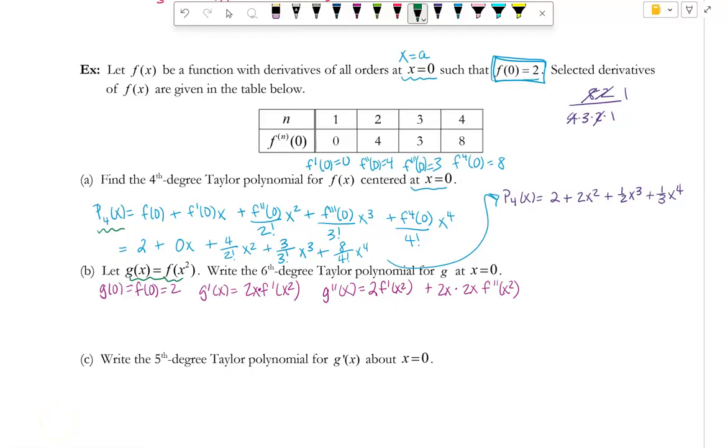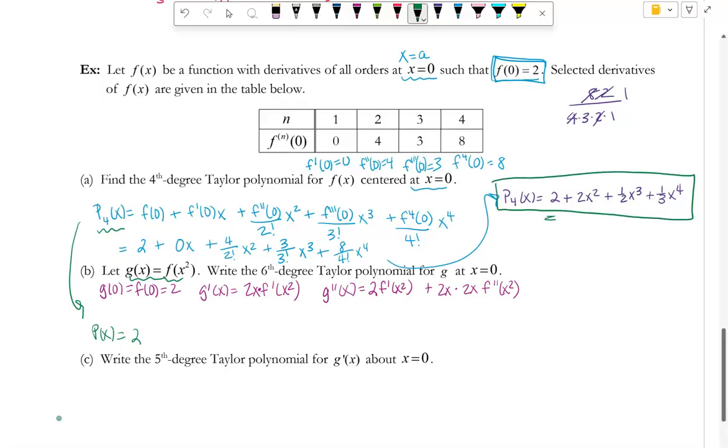So f of x squared is just whatever we get when we plug in x squared into f instead of x. So we could replace the x with an x squared from our polynomial here. So we would still have our 2.